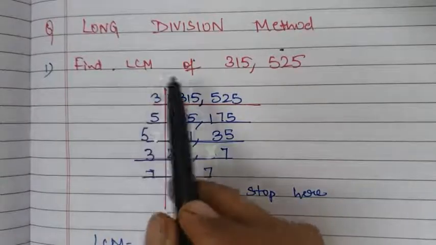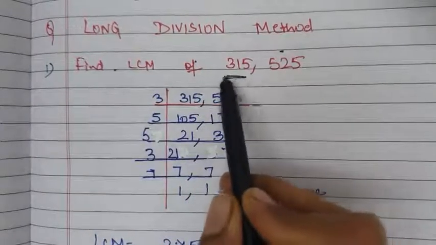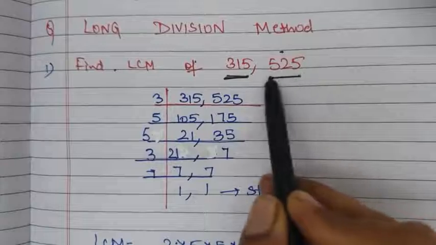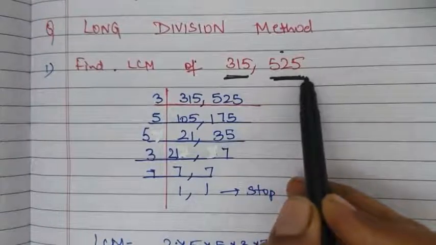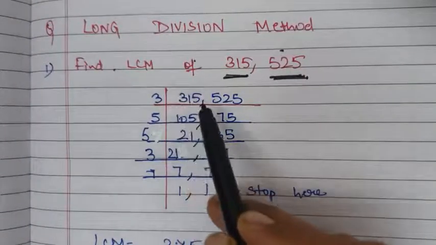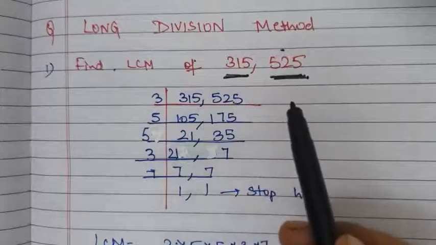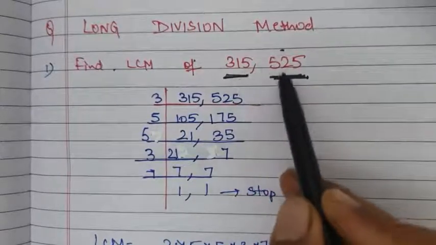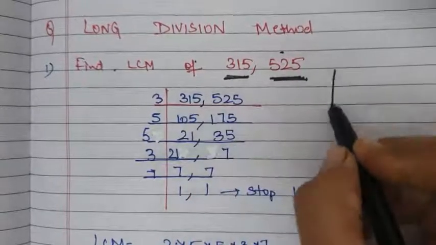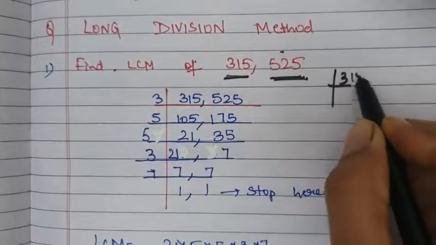Find the LCM of 315 and 525. Students, when we were finding the HCF, we were writing them separately like this.